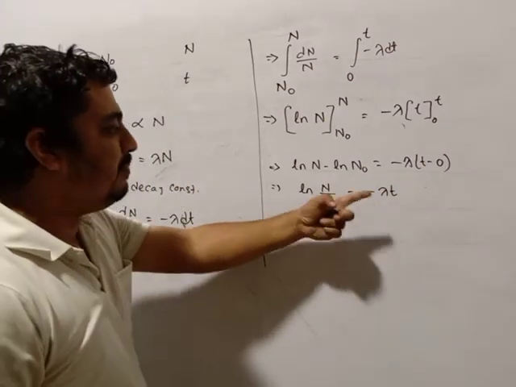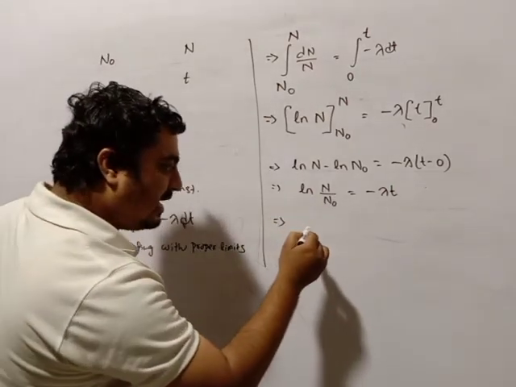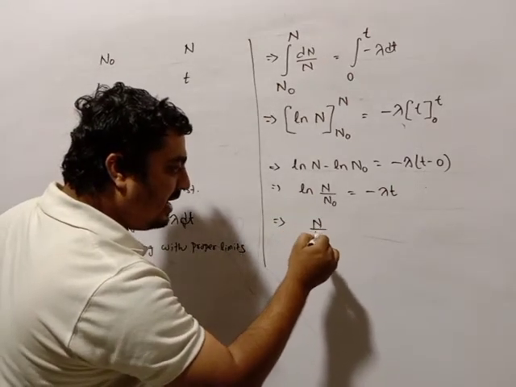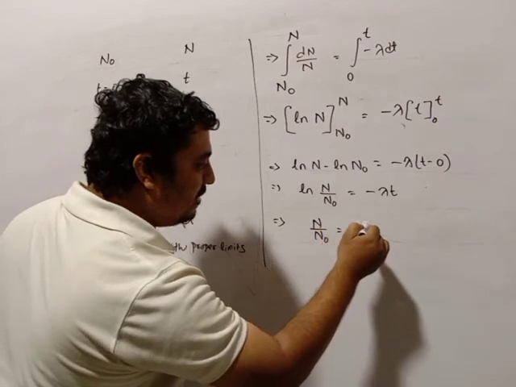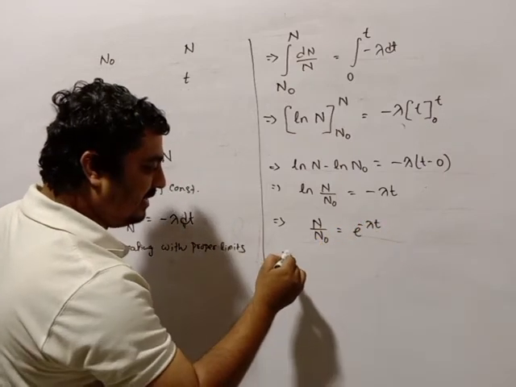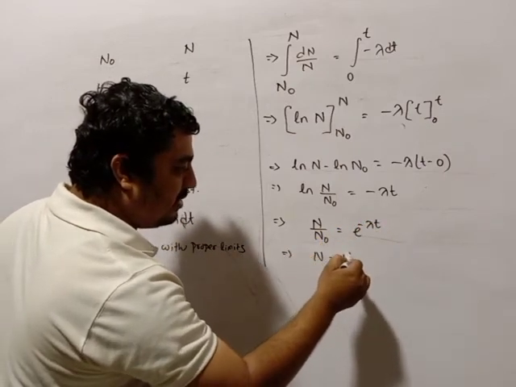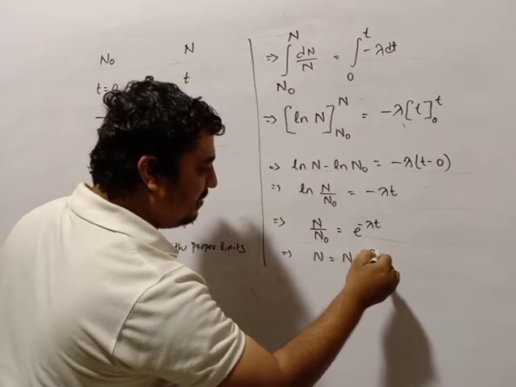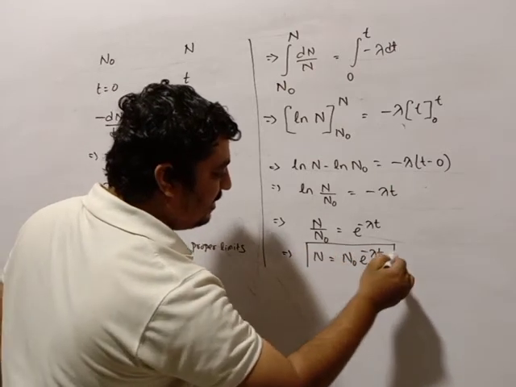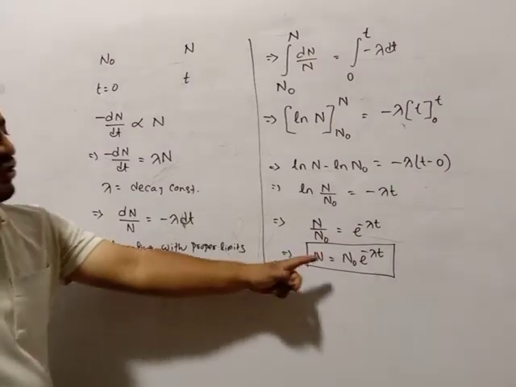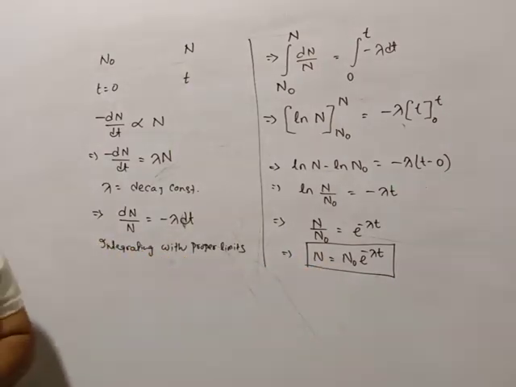Now, taking the base as e, we can write n by n0 equal to e to the power minus lambda t. So n equals n0 e to the power minus lambda t. This is the mathematical form of the statistical law of radioactive decay.